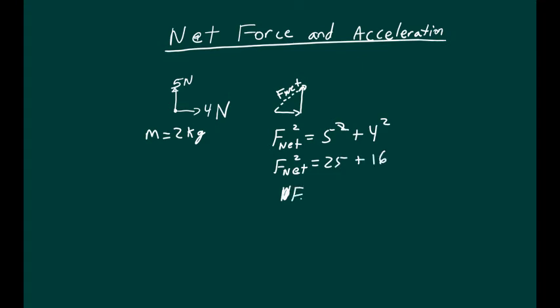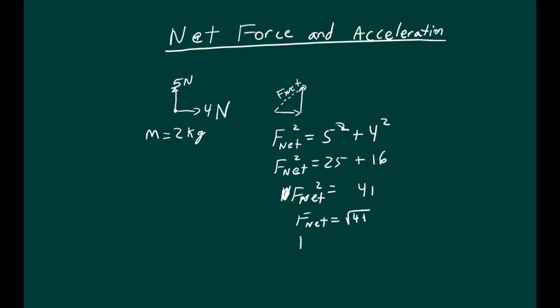Oops, that I did write incorrectly. I can't blame that on the pen. 25 plus 16 equals 41. So the net force is the square root of 41, which I gotta find the square root on this calculator here.